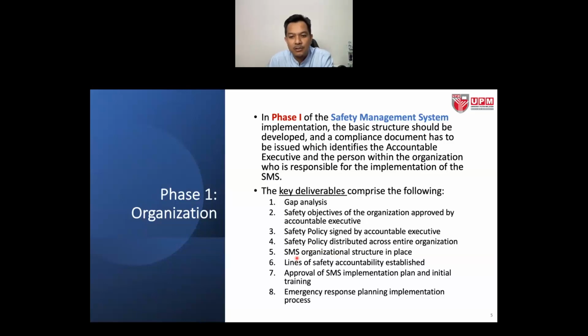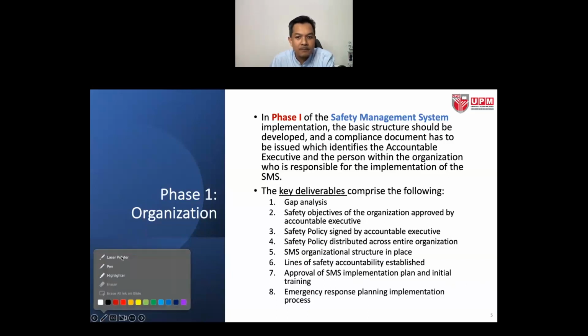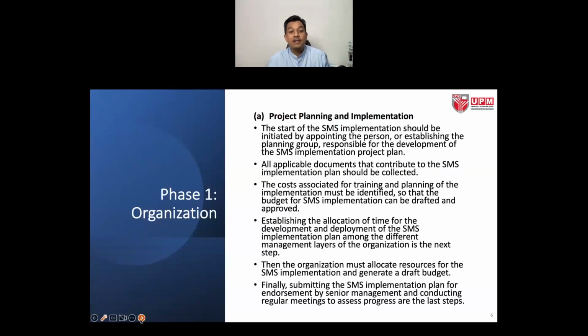SMS organizational structure in place, lines of safety accountability established, and then approval of the SMS implementation plan and initial training, and finally the emergency response planning implementation process. Okay, so that is basically phase 1 of the implementation for safety management system.